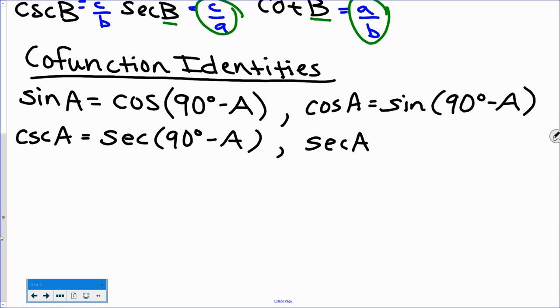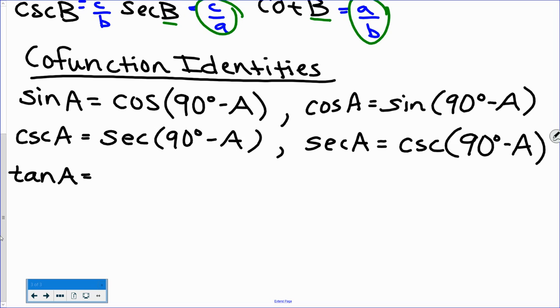So secant of angle A would equal cosecant of 90 degrees minus A. Then the last one that we saw to be true is that tangent of an angle in my right triangle would be equal to cotangent if I use that other angle. So I take 90 degrees minus that angle, and then they would be equal functions. Same way if I wrote cotangent first.